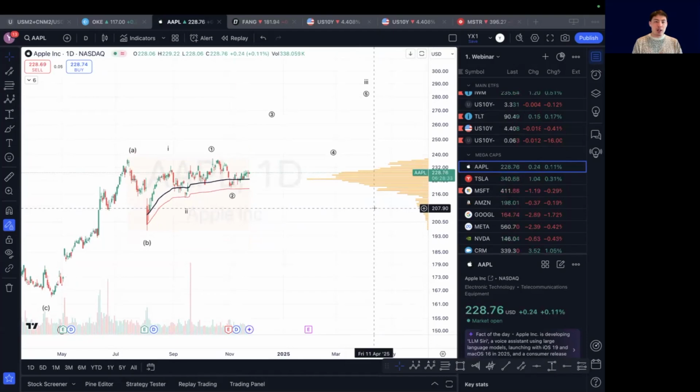Apple, I actually think we are poised to break out again soon. Just looking at the overall technicals, this is the VWAP from the August low when we had the crash. It's tested its VWAP a couple of times. It always stopped around the same red line here, climbed out again, and it's trying to move past this volume profile here.